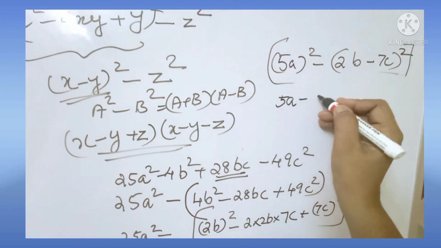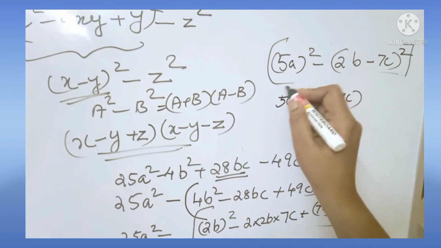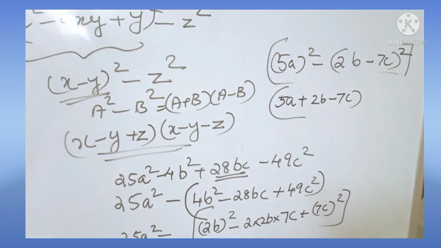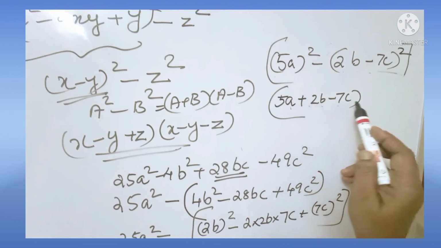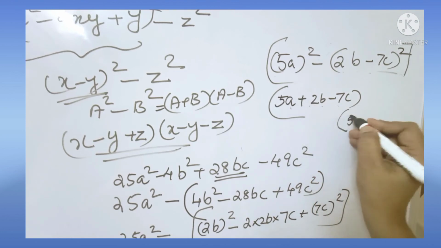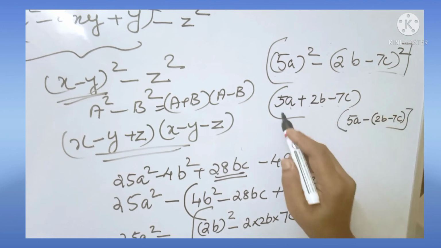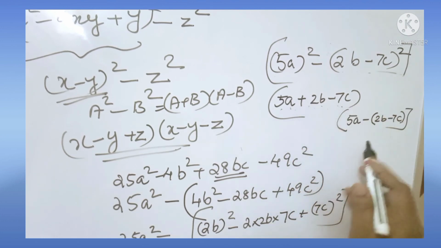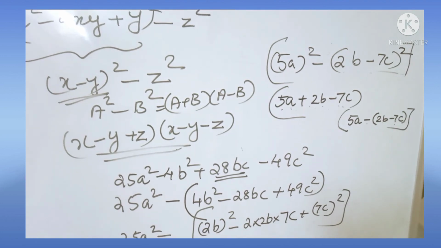Since this is a square minus b square, where b is 2b minus 7c, it is the a plus b form. So 5a plus 2b minus 7c into 5a minus of 2b minus 7c, where we put minus to each term inside the bracket.